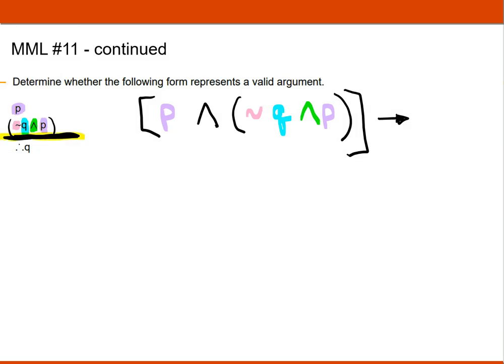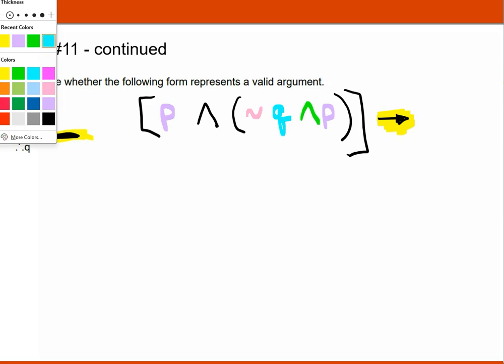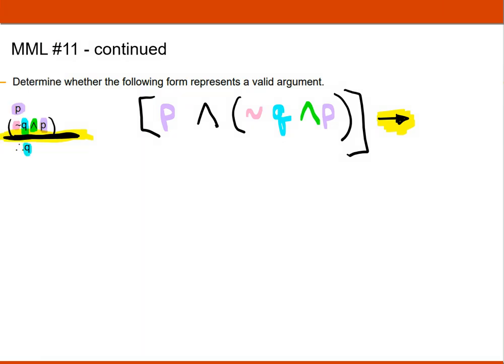That's this right here, the if-then. And then it ends with a Q, and Q was in this neon blue color. And that's Q. And that's my setup for my truth table.